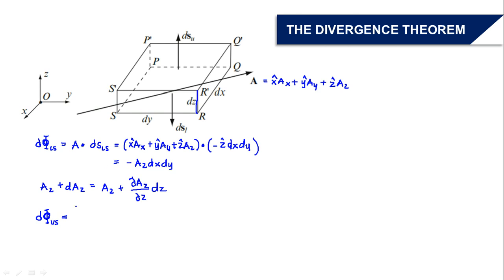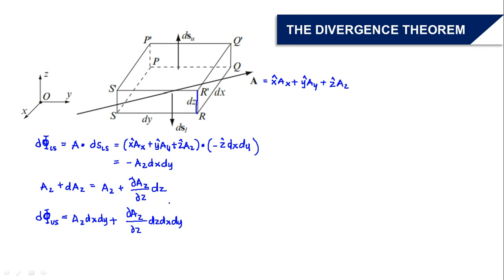actually, dahil ito ay negative, yan naman ay positive, no? A sub z dx dy. Yan. So, paano nang gagawin natin dyan? Gagawin natin dyan is equal yan sa a sub z dx dy plus the partial derivative of a sub z with respect to z dz times dx dy.